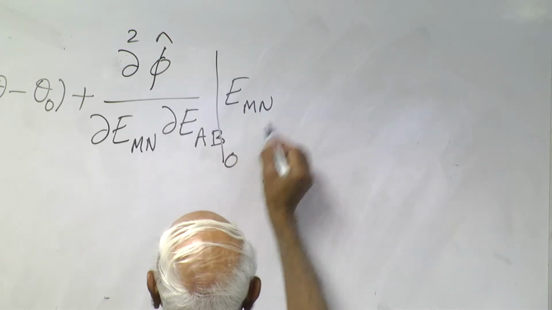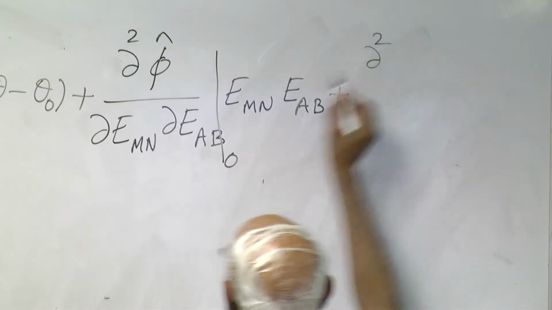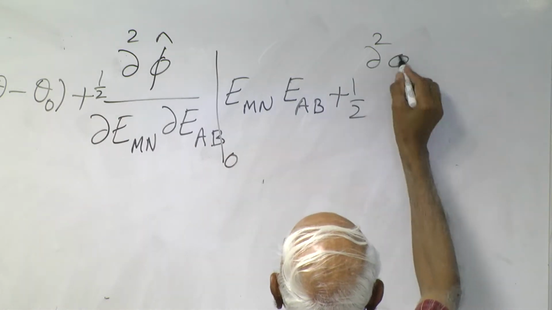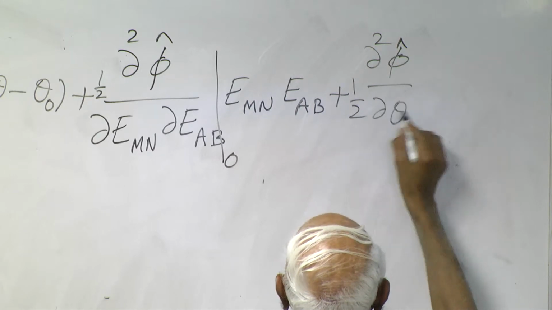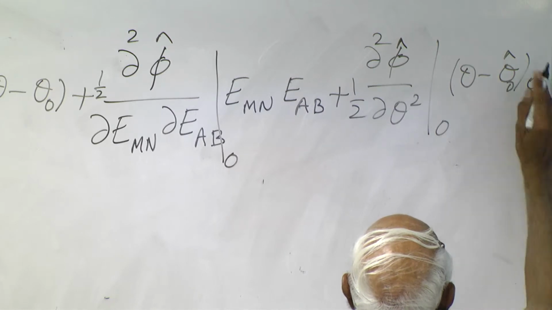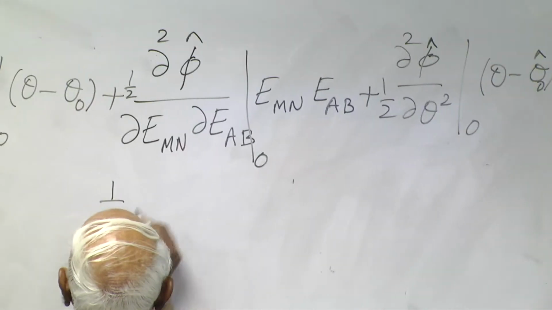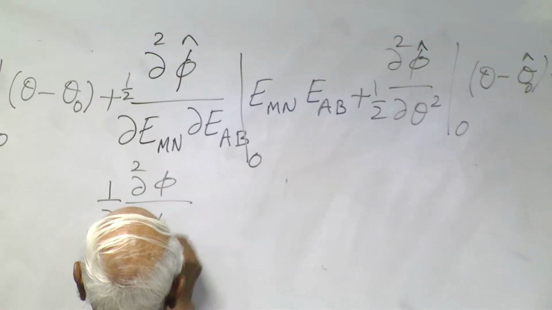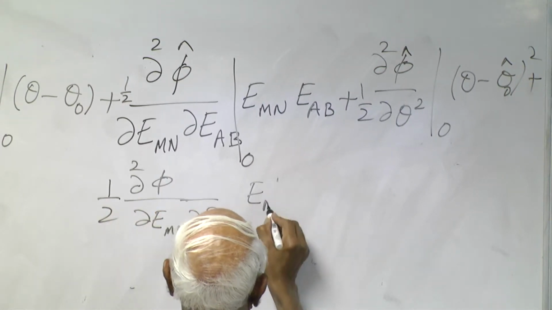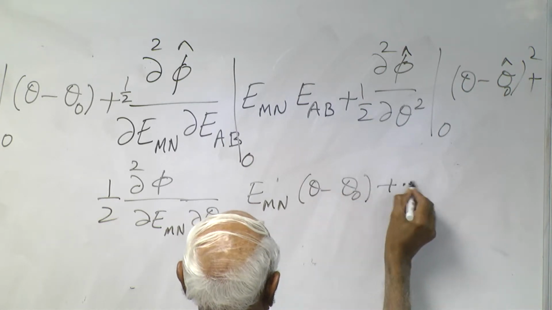Again, this is in the reference configuration, E A B, plus there is a factor of 1/2, (theta minus theta 0) square, plus 1/2 mixed term, theta E m n, (theta minus theta 0), plus other terms.